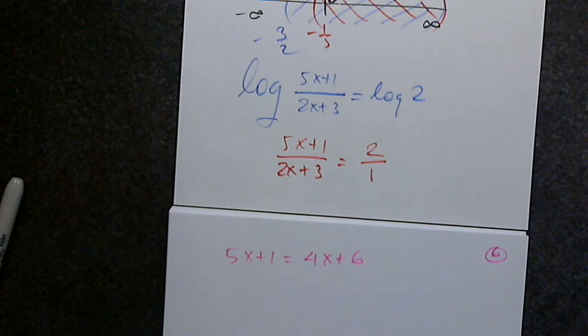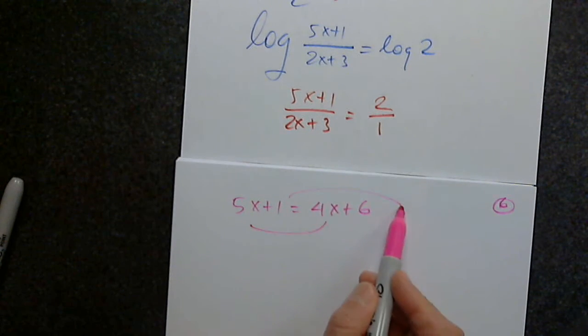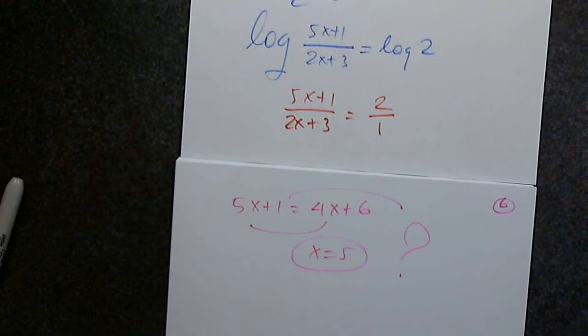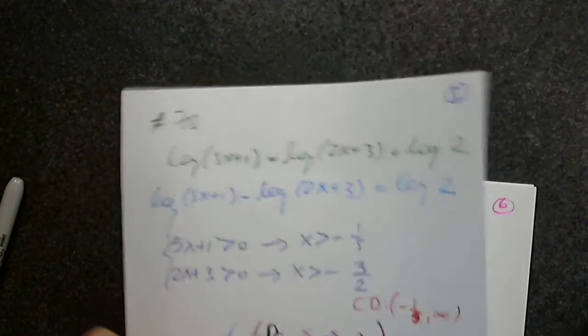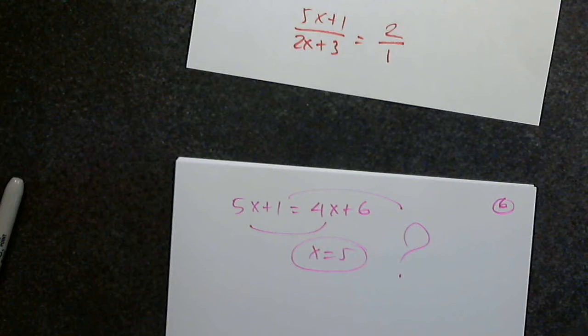Because now this became linear. So I move 4x and I move 1. So I get x equals 5. Does it work? Yes, because the common domain was negative 1/5 to infinity, and 5 definitely fits in there. So I will say yes.